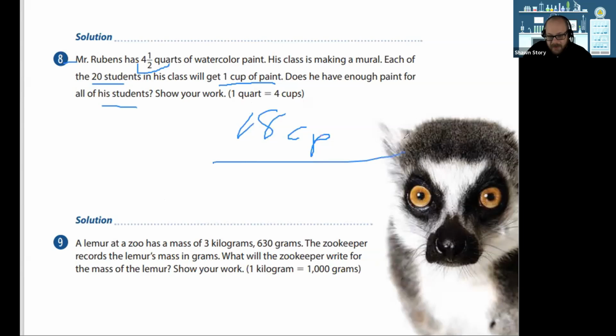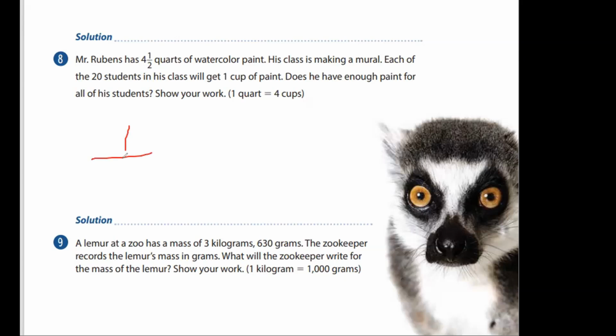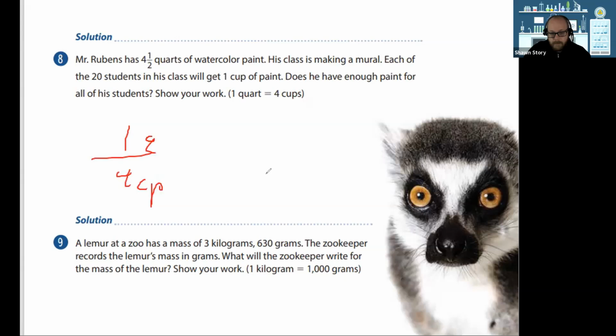And how did we find that there were 18 cups? What math did we use? 1 cup to 1 quart. And in the problem, 4.5 quarts, so we put that on the bottom and tried to find the cups that were in 4.5 quarts. So there's 1 quart, and now I have 4.5 quarts and 4 cups, and I want to find out how many cups there are.